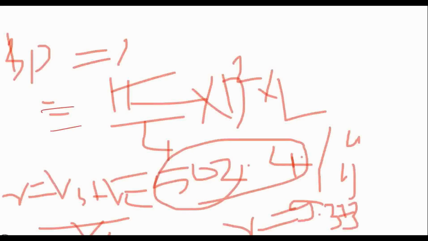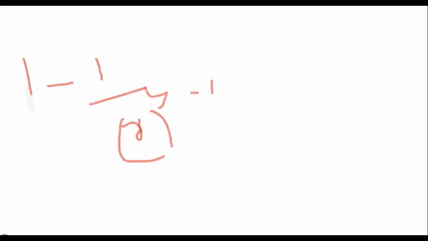What is the formula for calculating the air standard cycle efficiency? 1 minus 1 by r power gamma minus 1.